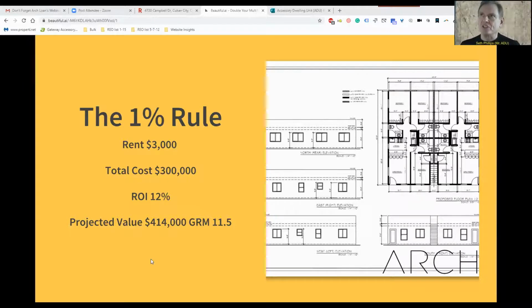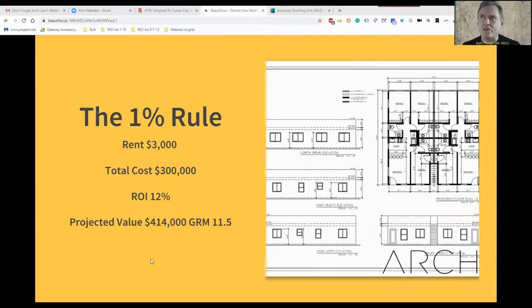So using that metric, this property, based on this cost of $300,000 per unit, will deliver a projected value of $414,000 per unit. It's going to cost, on the high end, $300,000 a unit to build, and it's going to generate a projected value of $414,000. That's a pretty impressive thing.